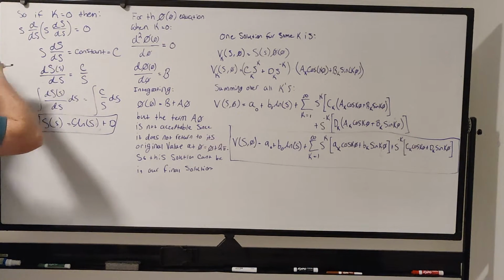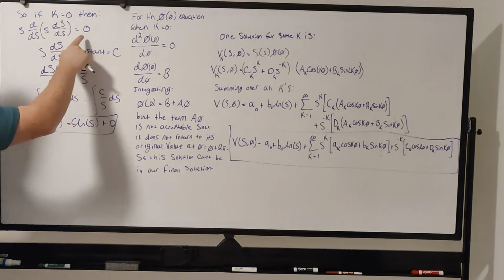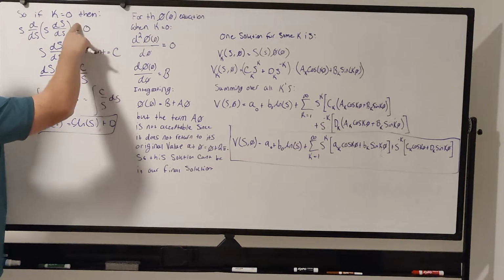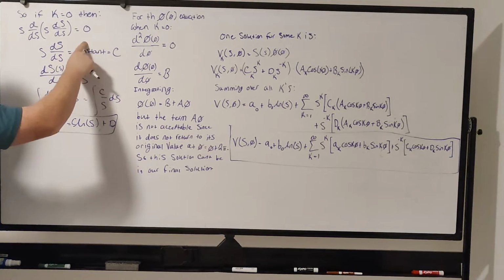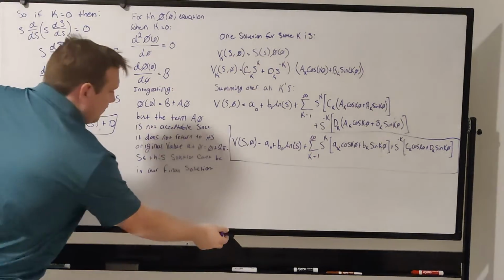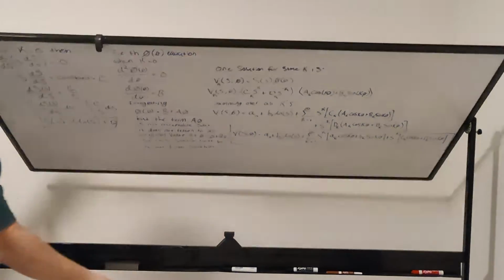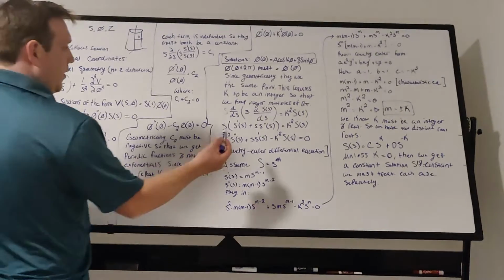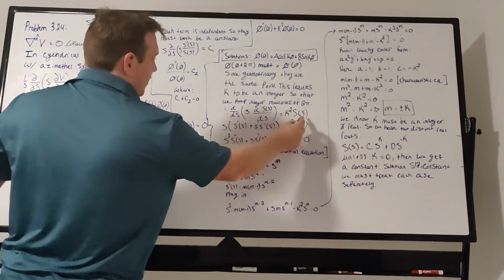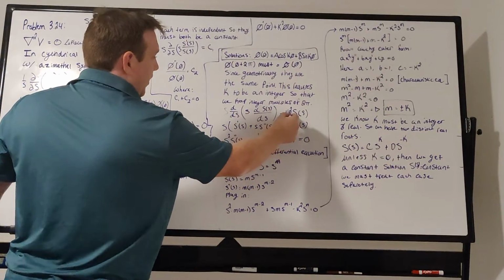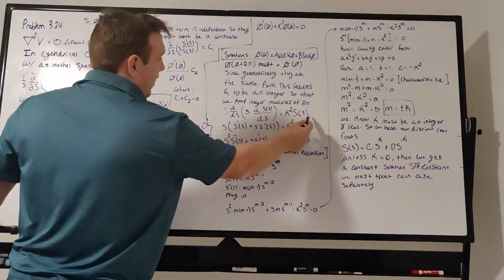If you remember, there was a k squared over here. Let me just recall. So the equation we're using is this one right here. This is what we started with. But if k is 0, then this whole side is 0.